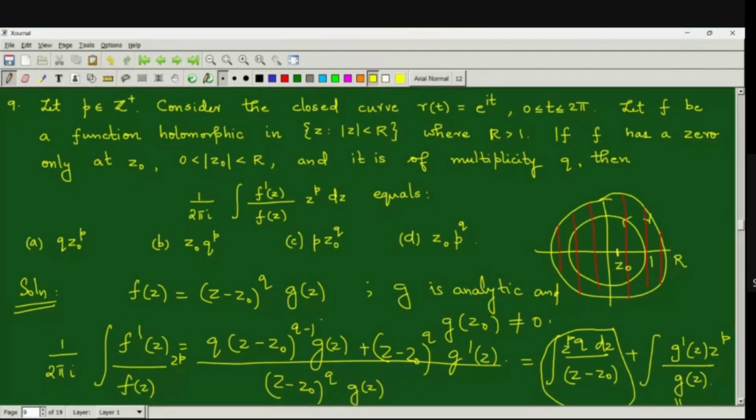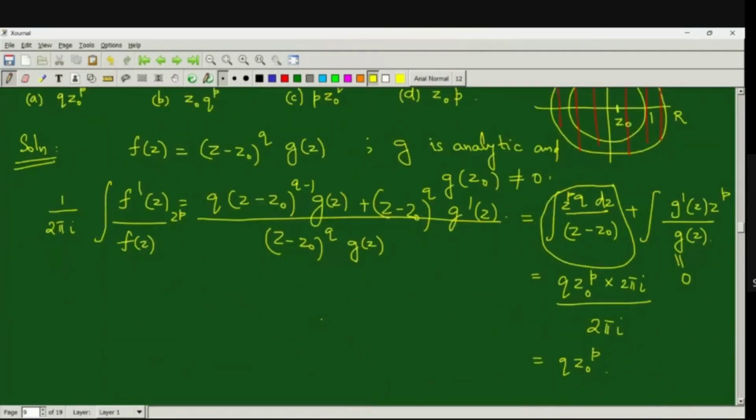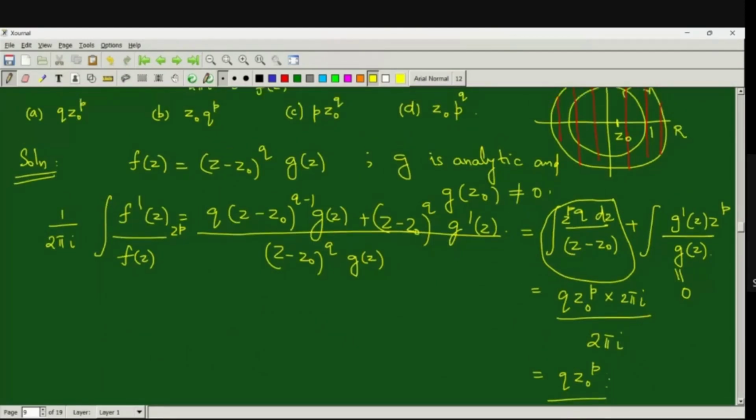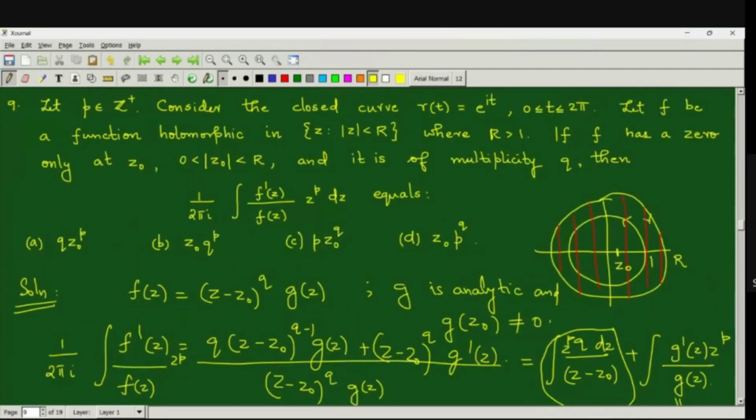Okay. So the answer is q z naught power p. If we look at this question, we will be stuck on how to start with this f dash by f. We don't know anything about f. But remember, there will be some condition to start with, which you have to identify.